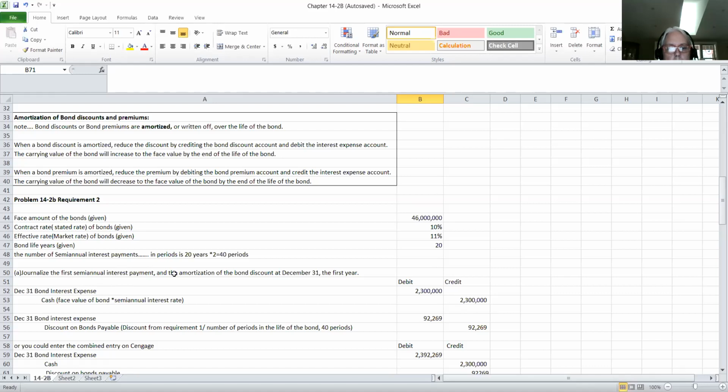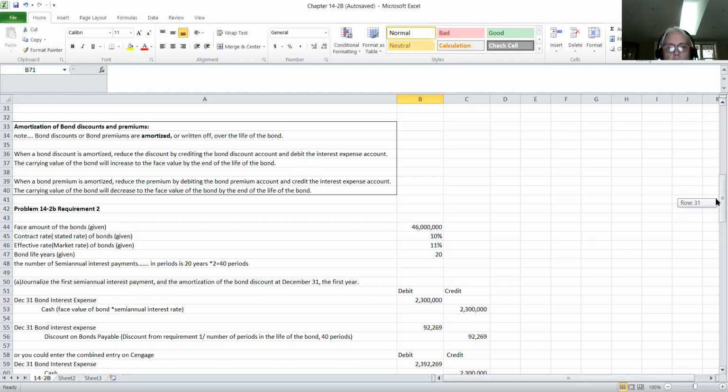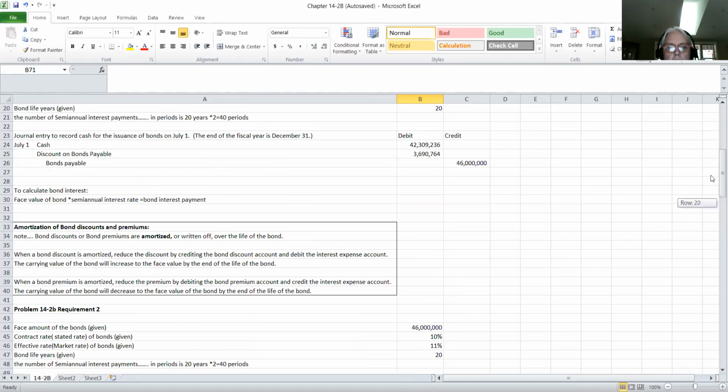The amortization entry of the bond discount is going to write off the bond discount over the life of the bond. So what we're going to do is take the discount amount, which we calculated in the journal entry on July 1st.